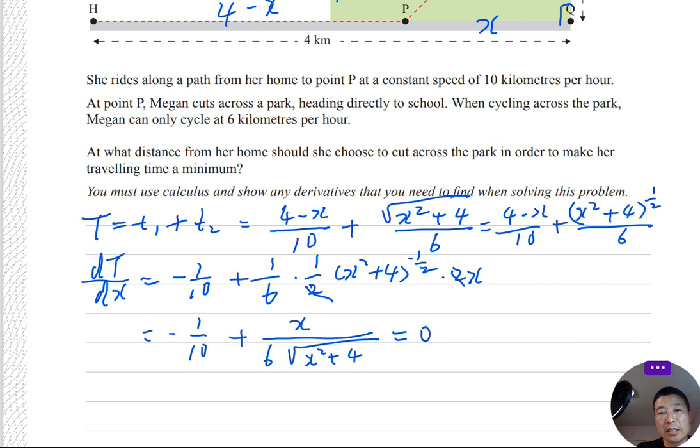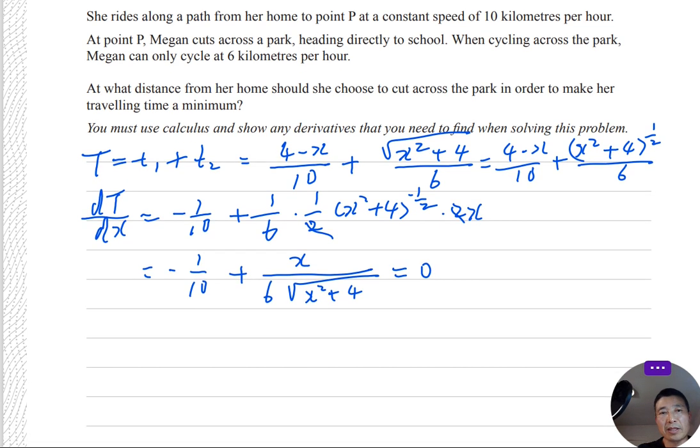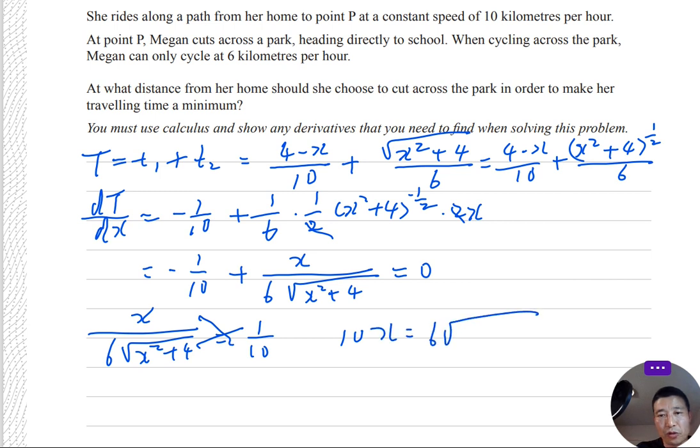And we have to say this is 0 because we are finding the minimum. Now we rearrange this. So x over 6 square root of x squared plus 4 becomes 1 over 10, and we do cross multiplication. So that means 10x equals 6 square root of x squared plus 4.